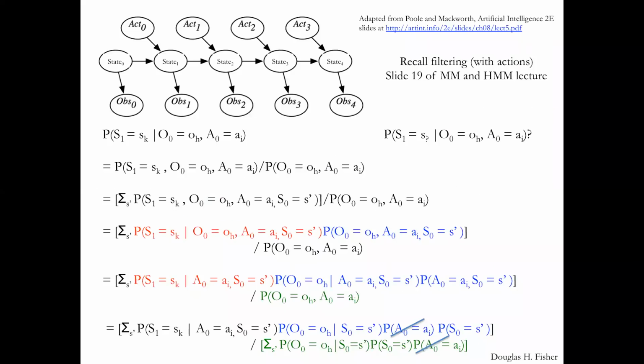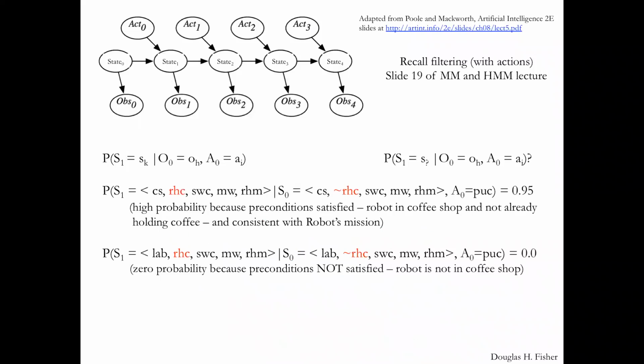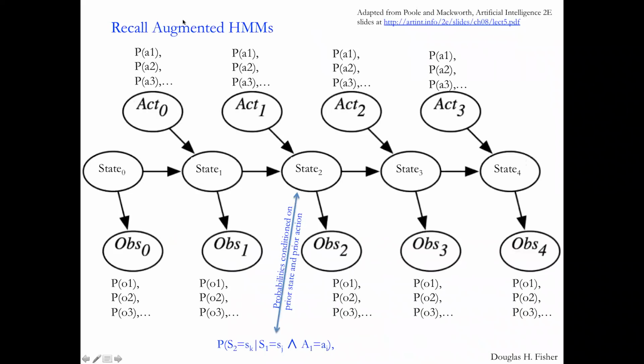This is important because we're going to get to talk a bit about planning. When I talked about probability tables here for actions, this might be something that's important for an observer of a robot who's interacting in the world. The observer is watching the robot act, and with various probabilities, the robot, or whatever agent this is, performs different actions.